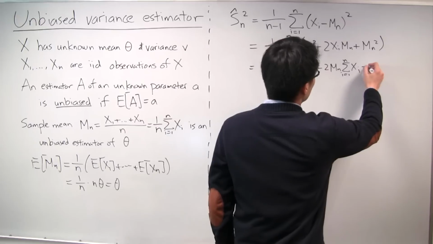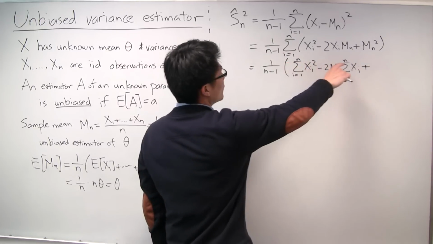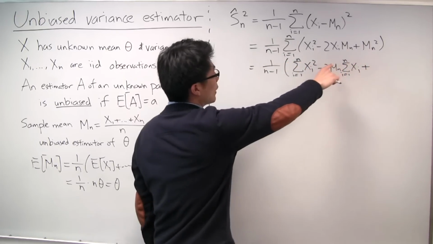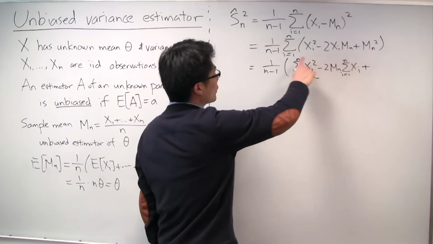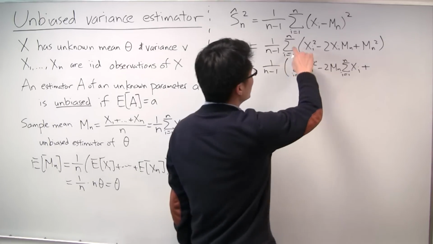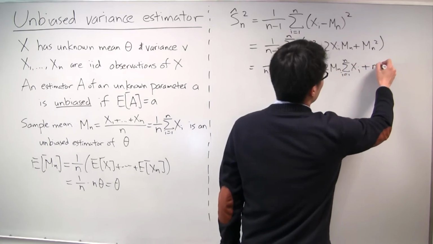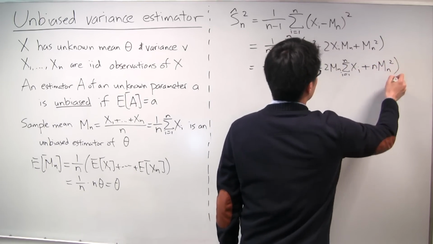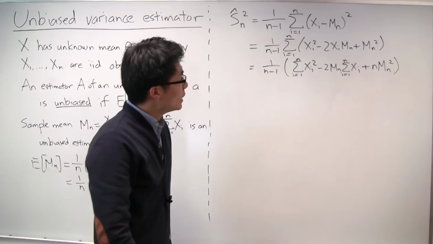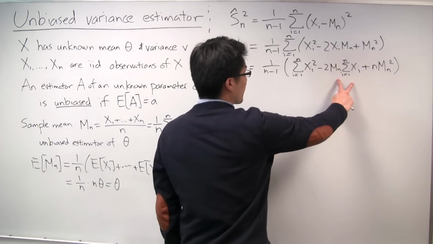And lastly, we have a summation of mn squared. And just like for this case, mn squared also doesn't depend on i. So we just have n copies of mn squared. And now let's look at this middle expression here.